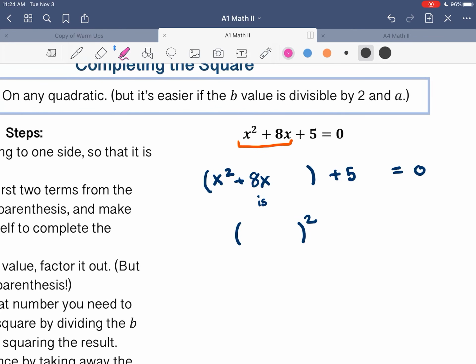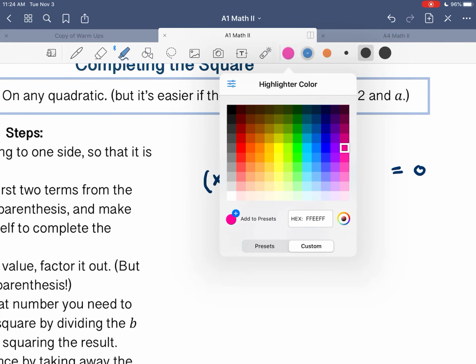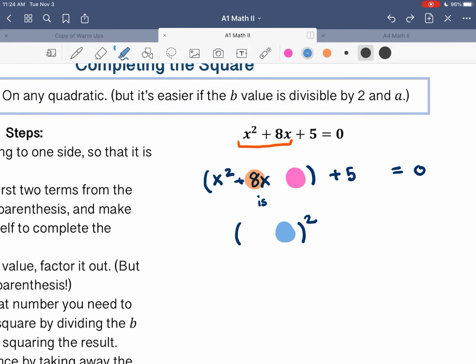We have the orange here, and the pink and the blue is down here in factored form. So 8 divided by 2 will give us positive 4, which goes here, and 4 squared will give us 16, which goes there, positive 16. So we have just completed the square.